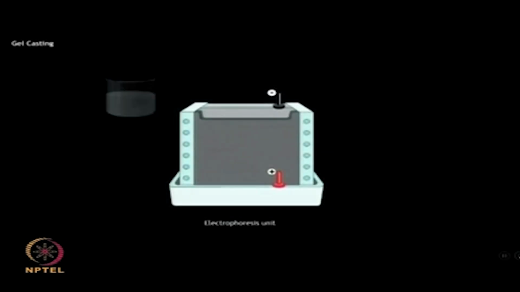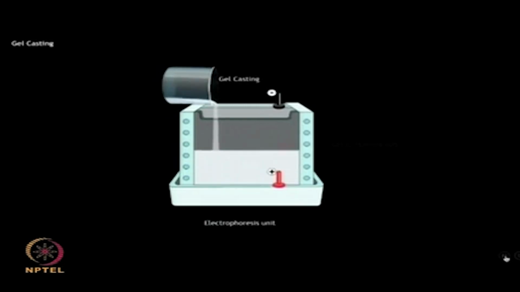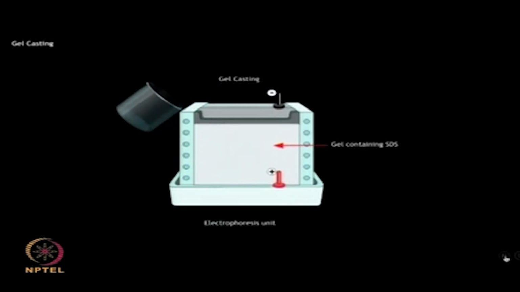Sodium dodecyl sulfate polyacrylamide gel electrophoresis, SDS page. In this animation, you will see various steps involved in separating proteins based on their molecular weight. First of all, the polyacrylamide gel containing SDS is cast between the glass plates as a vertical slab in the same buffer that is used for electrophoresis.